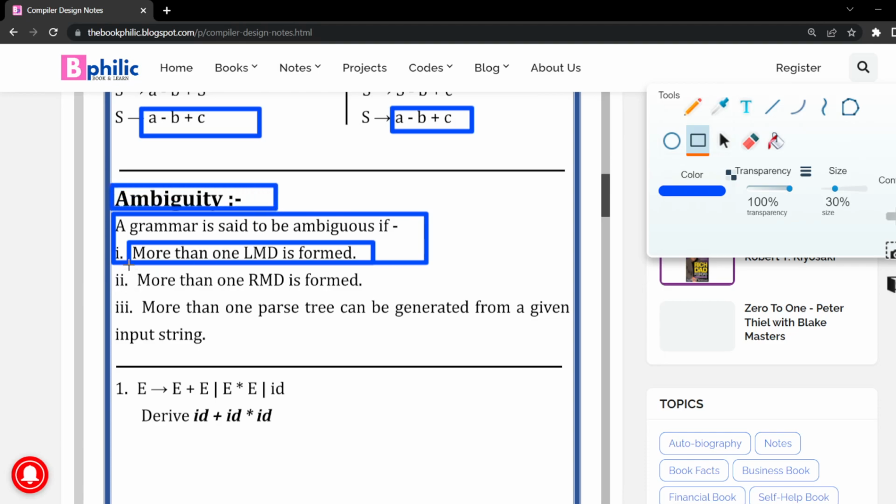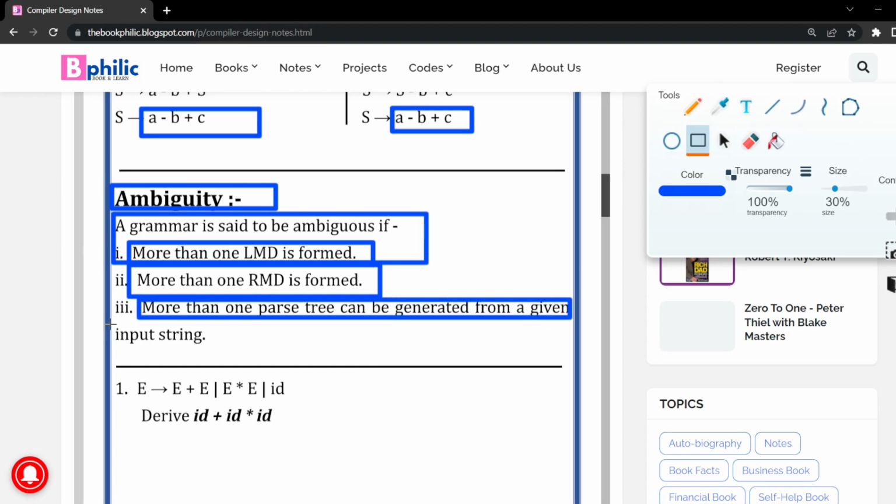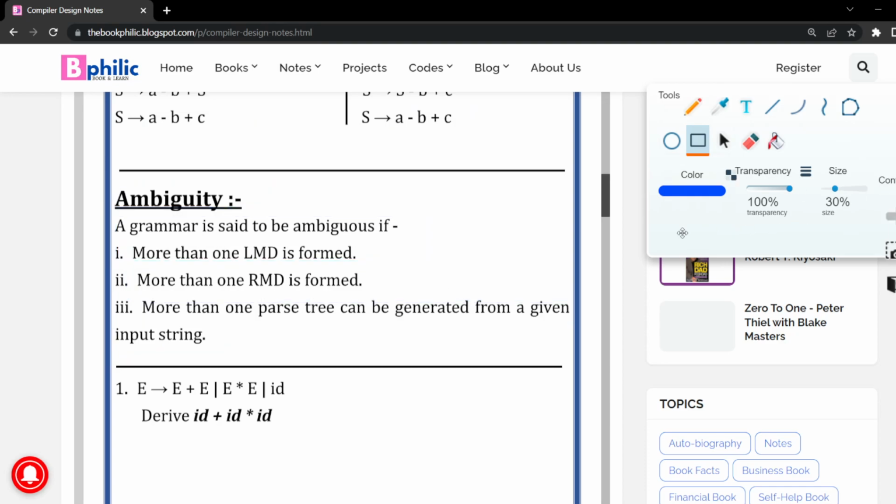Or you can say if we can derive more than one RMD, it is also known as ambiguity. Or if more than one parse tree can be generated from a given input string, that is also known as ambiguity. Hope you have understood, and this will be easier for you if you have watched the previous video in which I discussed the total properties of ambiguity.